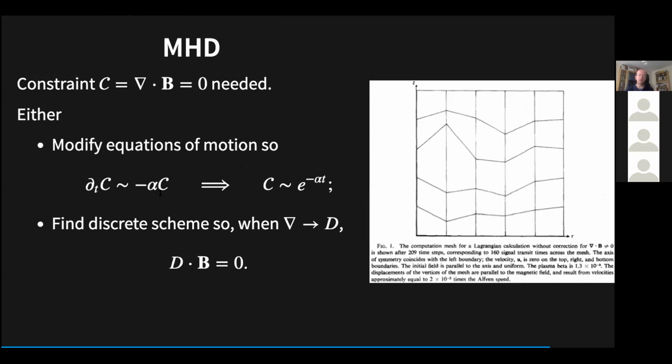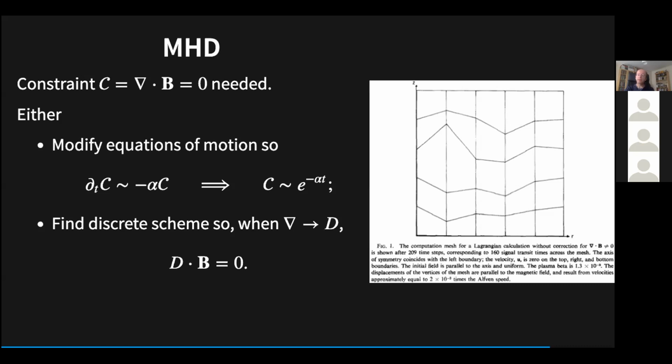And in nearly all cases, because we're adding this constraint by hand, this alpha term is going to be a parameter that we can choose by hand. Now, to avoid feedback at specific points, it's typical to also add additional terms so that the constraint is propagated as well as damped.